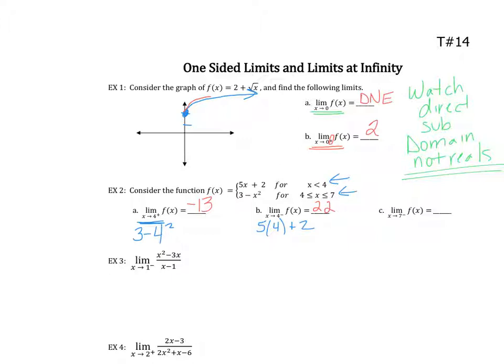That still falls into this bottom equation. So 3 minus 7 squared, 3 minus 49, negative 46. I don't think that's a big deal. We've done piecewise, and you're good to go. If that had asked the limit from the right, then I would put does not exist because the graph doesn't even exist there.